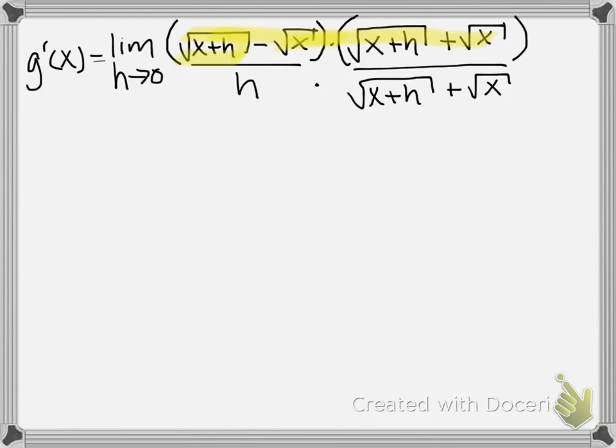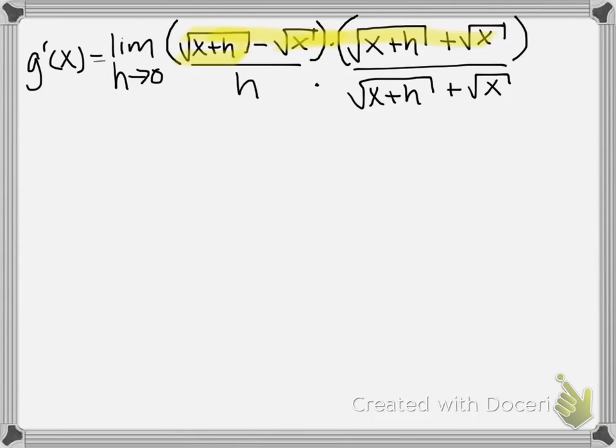And since our signs are different, whenever we use the distributive property or the FOIL method, our middle term is going to disappear because we're going to have a positive and a negative of the same value, which is just going to give us 0, so we don't have to include that.